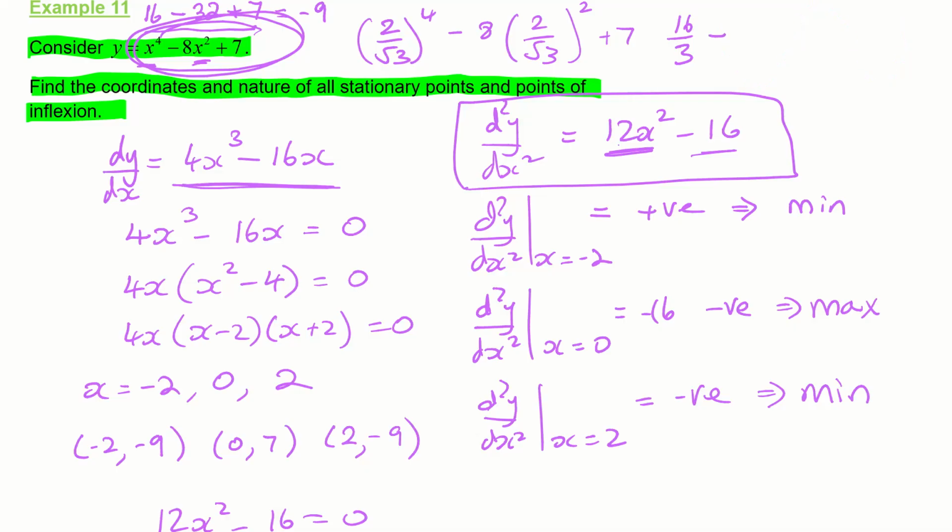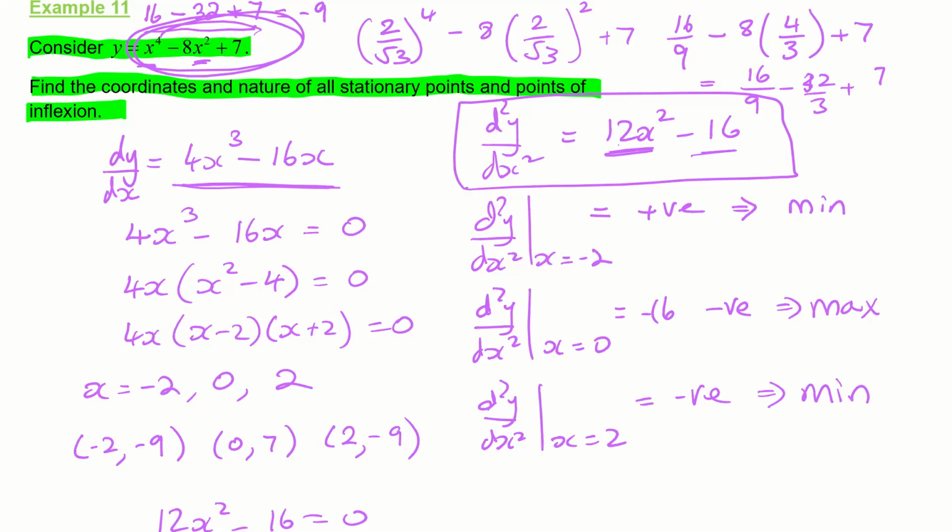Take away 8 times, sorry, it's to the power 4. So that'll be 9, won't it? And then that will be 8, and that'll be 4 on 3, plus 7. So that is 16 on 9, take away 32 on 3, plus 7.